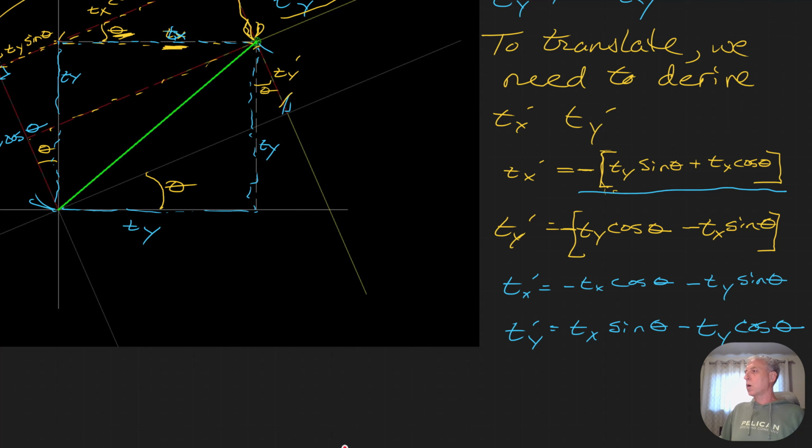And these are the values we are interested in. We already knew what our translation vector was, the tx and ty. So we had our translation vector, we had our rotation angle, and we just derived the method by which we get tx prime and ty prime.